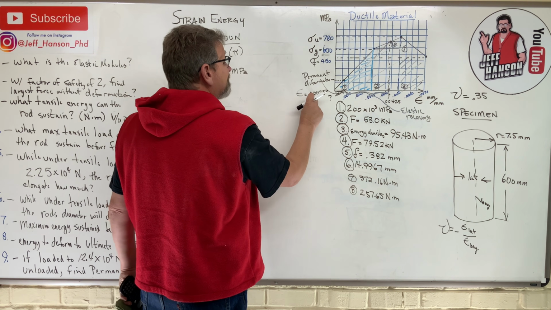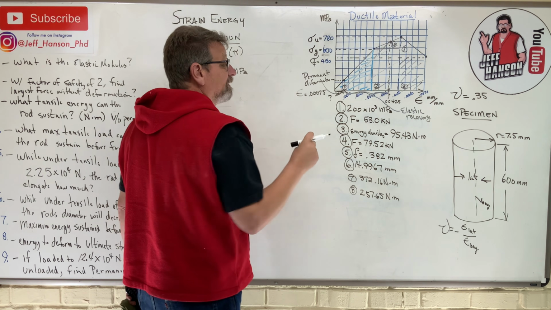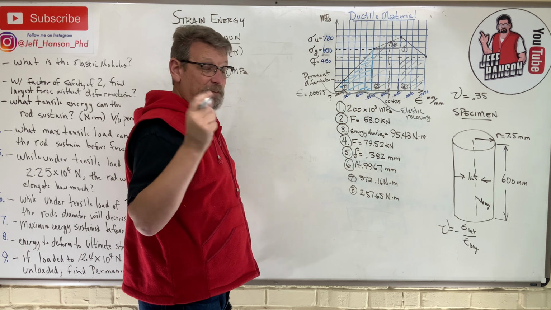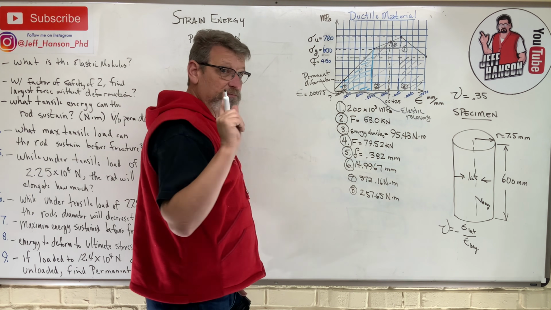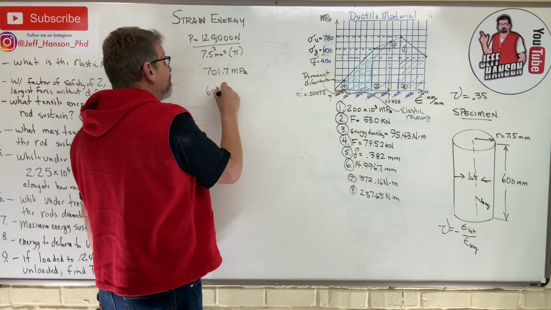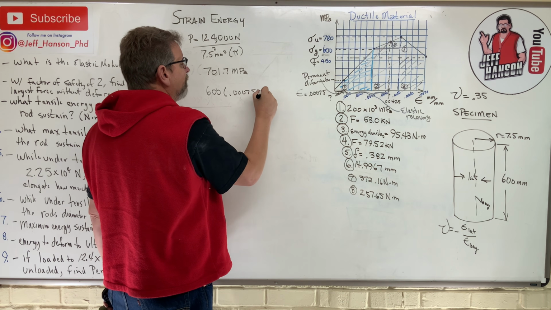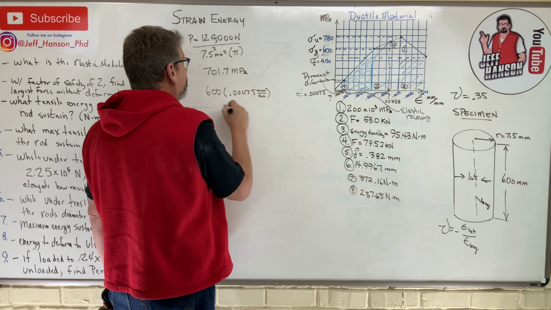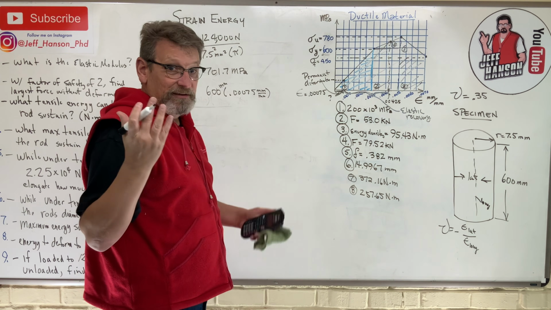The permanent deformation is 0.00075 millimeters per millimeter, and how many millimeters of it did we have? 600. You always multiply by the original length, okay? So 600 times 0.00075 millimeters per millimeter, right? The 600 is in millimeters, so our deformation is going to be in millimeters.